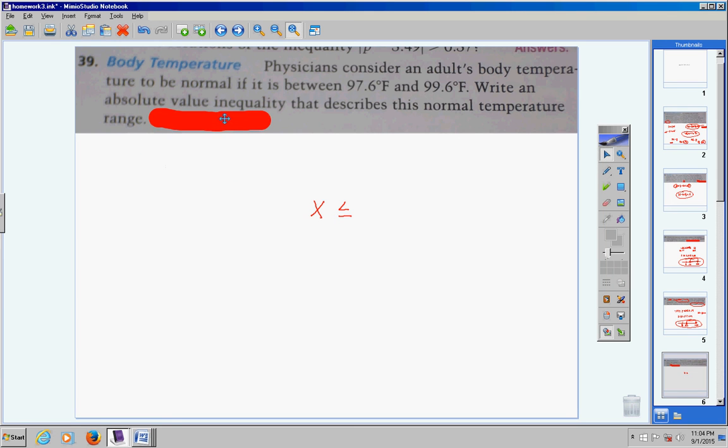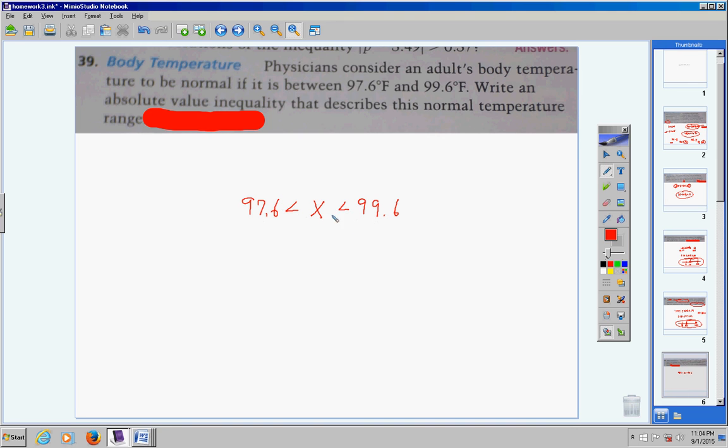I would have to disagree with that because if I tell you it's between something, that does not mean it includes those. So personally, I would put x is less than, it's between these two numbers. It doesn't say it includes them. So 99.6, but if you put the equal sign, that's fine. And less than or greater than 97.6. There we go. So x is greater than 97.6, less than 99.6.